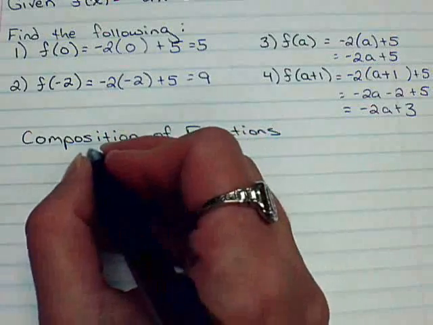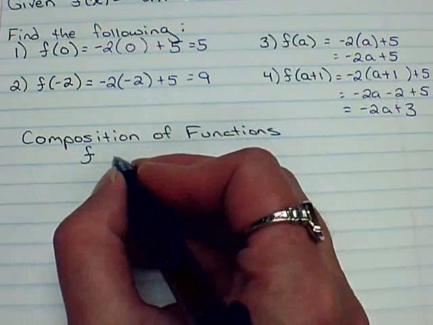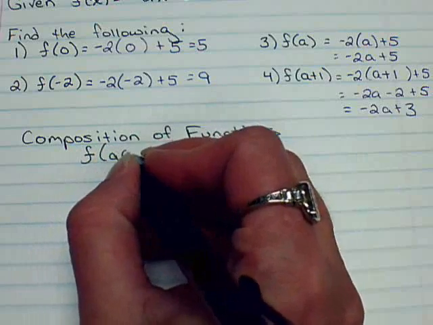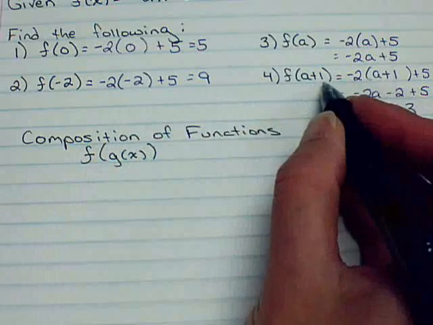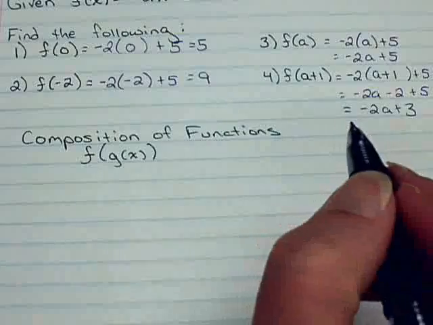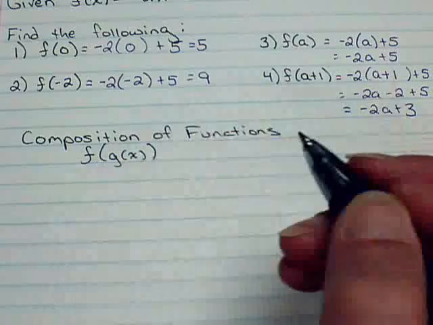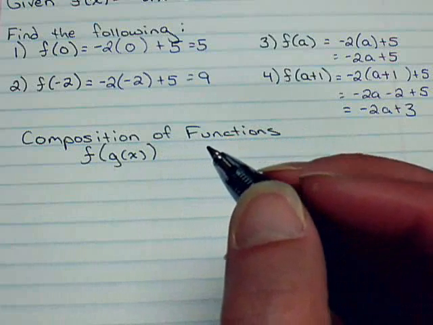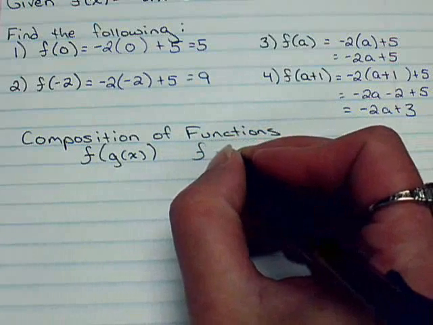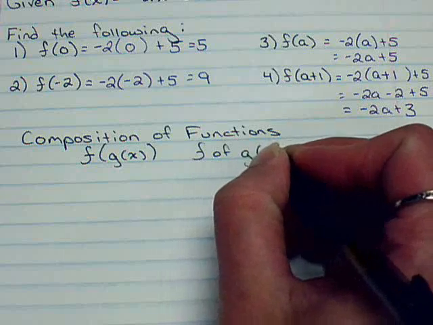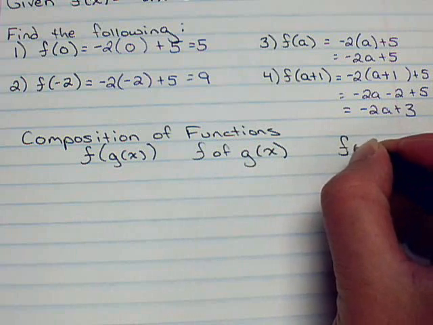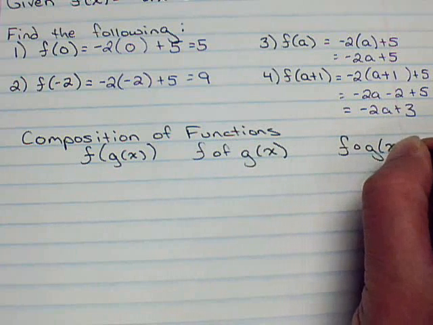And how it really works is you've got one on the outside, and you're plugging in another function. Now, in this case, we actually wrote the function out. Here, we're just doing it generically. You have a function inside of a function. This really means f of g of x. Now, sometimes you might see that as f of g of x.